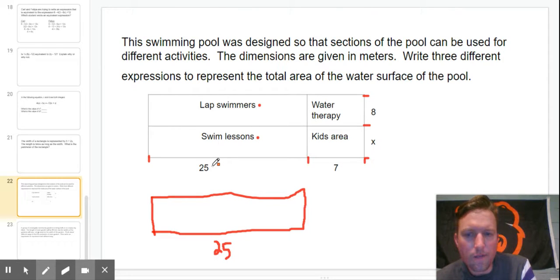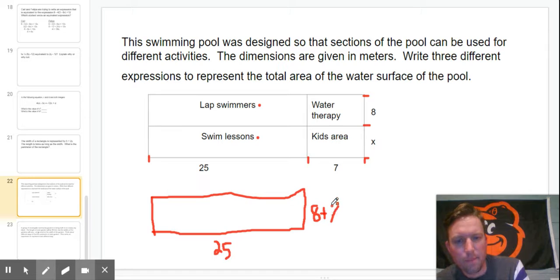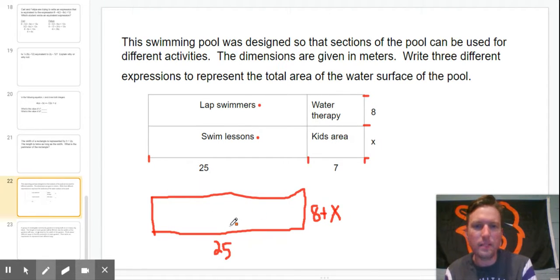We're just taking the 25 right from there. And if we combine the sides here, the water therapy and kids area, this length here would be 8 plus x. Now we wouldn't multiply them, we would just add them, because we would get the length there. That would be one section.